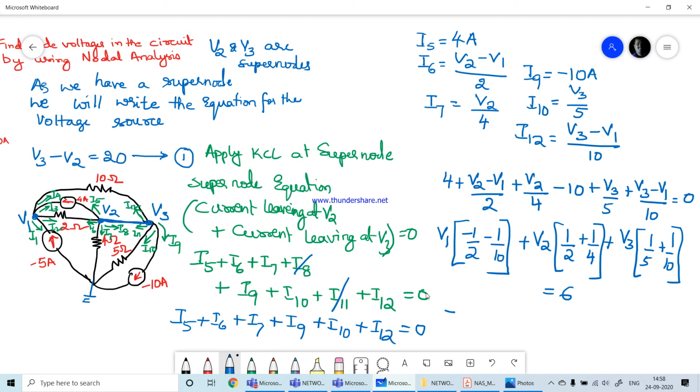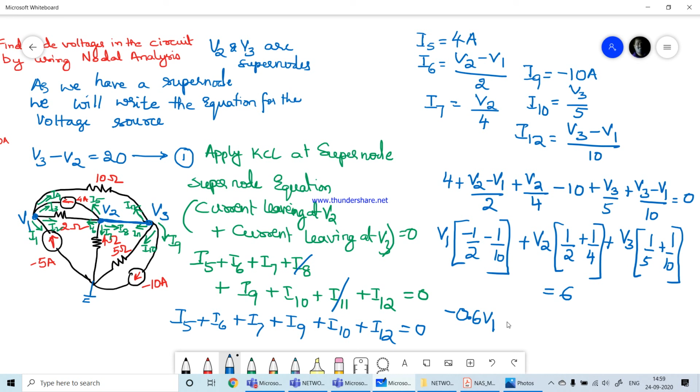So it is 1 divided by 10, 1 divided by 2. So I get minus 0.6 V1.